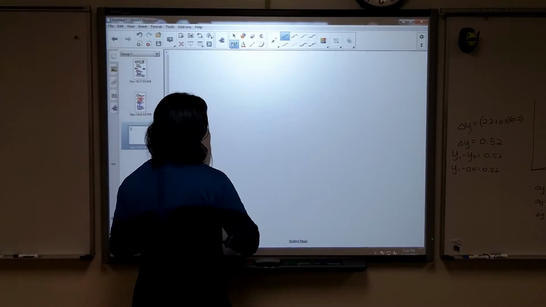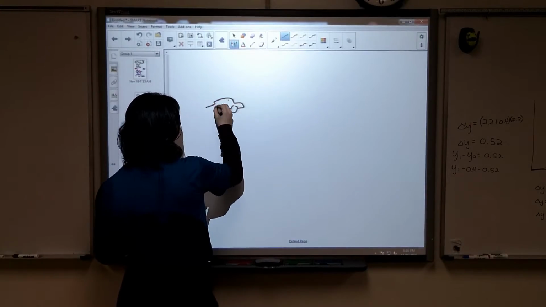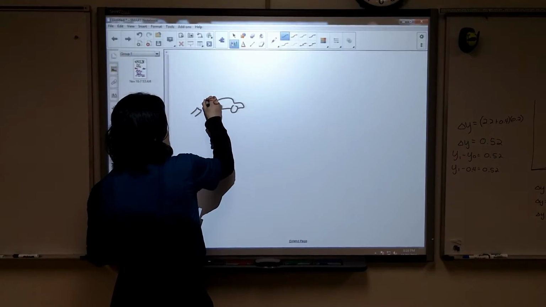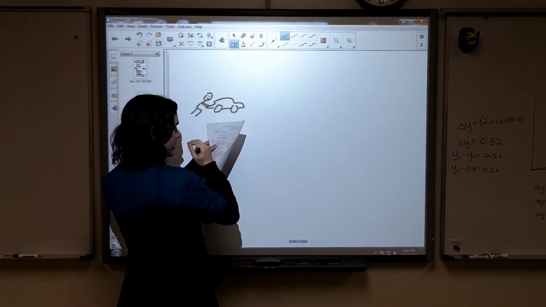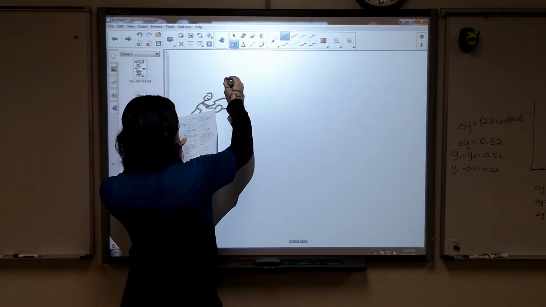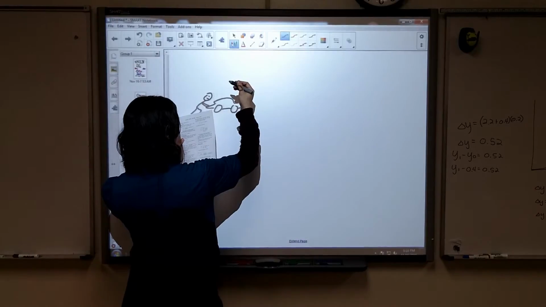Okay, so I've got a car, and a mechanic is pushing the car, and is pushing it with a force. Let's see. Nope, they don't actually give us the force, do they? No!